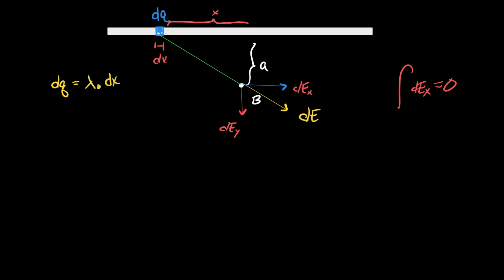Just trying to set up the component pieces I'm going to need. I also know that this distance is r. That's the separation distance between the charge and the location I'm interested in. So I think r equals the root of x squared plus a squared. I think that's all I got.